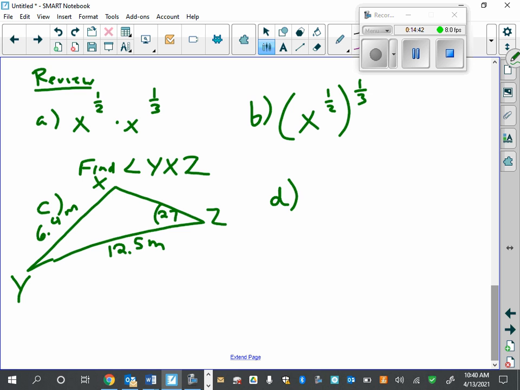D, another trig question. Angle 11, not very good sized though, so 11 would be more right there.